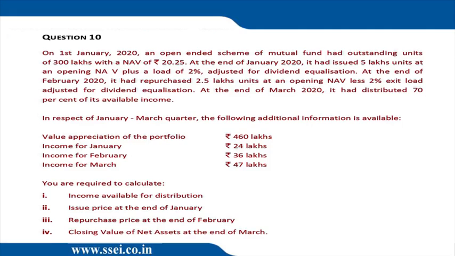So please understand, the 0.08 that we calculated per unit as the income is now going to change, because now we have 305 lakh units. 305 lakh units. And what is the income? We had the income of 24 lakhs.